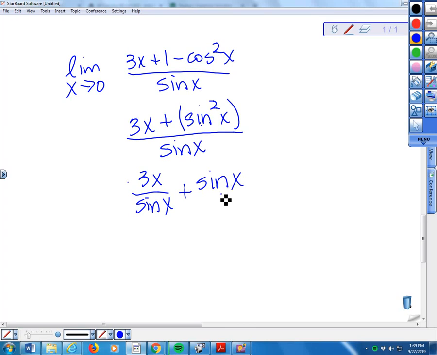And I should keep writing the limit. So I'm thinking, if I plug in, I still get 0 over 0 plus 0. So is there something else that I could do here?